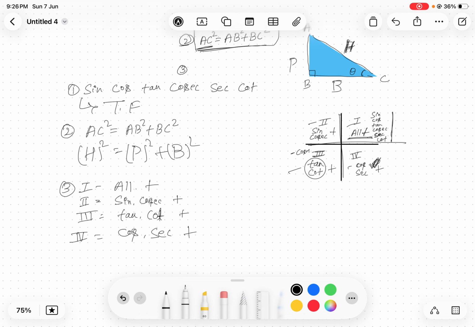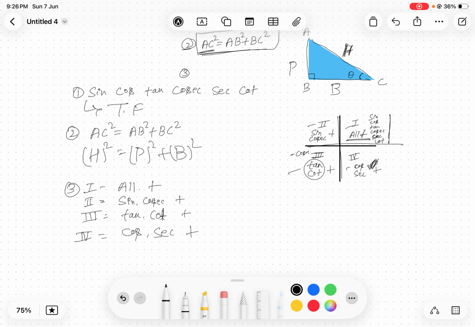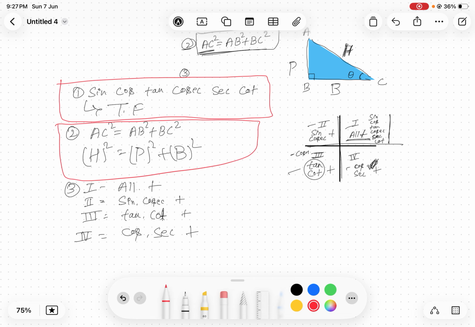So you have to just remember these three things. Without knowing this, I can't help you. So just remember this first one, this second one, and this third one. Very, very important. Okay.